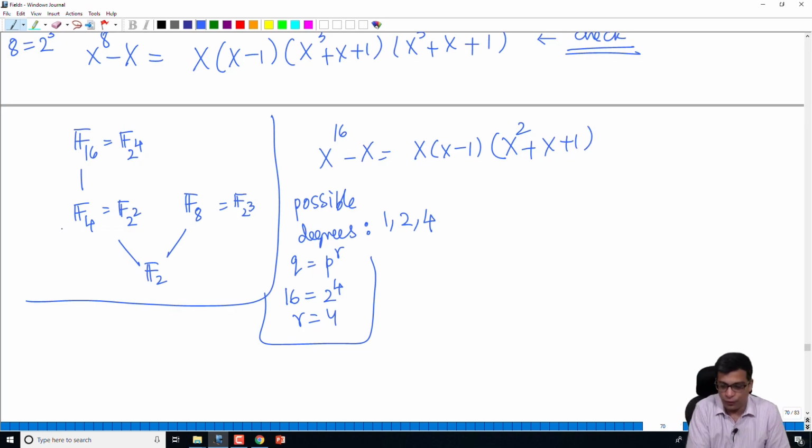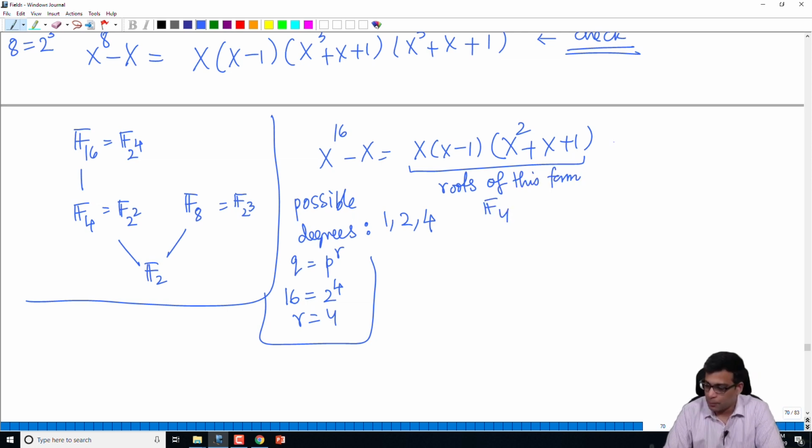Remember that captures F4. The roots of the degree 2 part form the F4 that's contained in F16. But then you will have some other terms, and those will all be degree 4, because it cannot be degree 3; there is only degree 1, degree 2, so the remaining things are all degree 4.